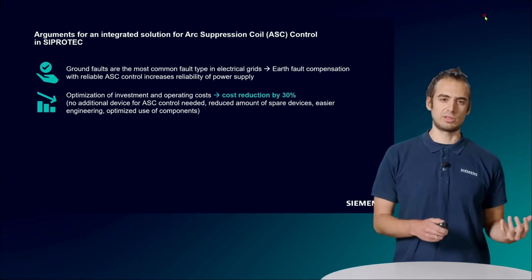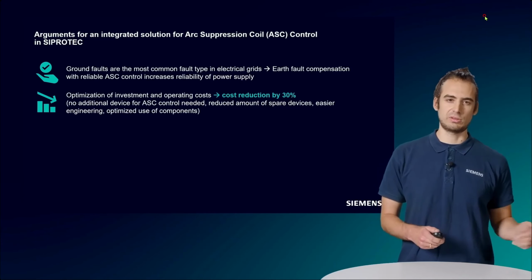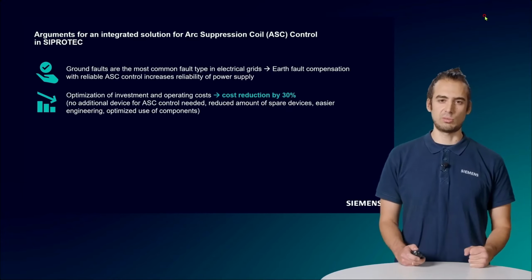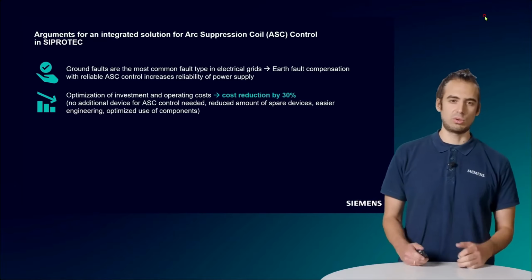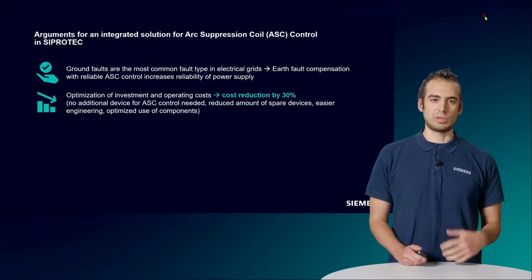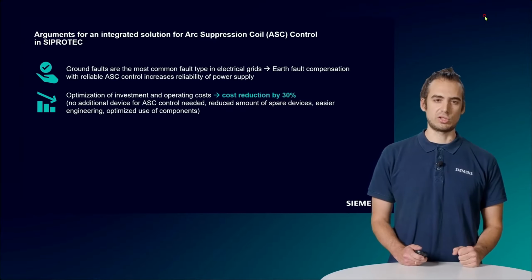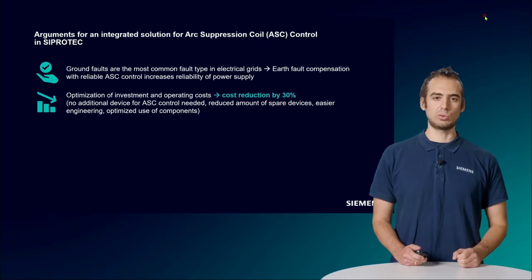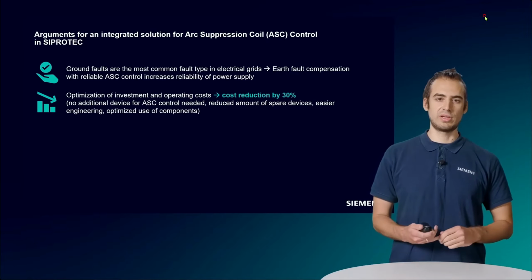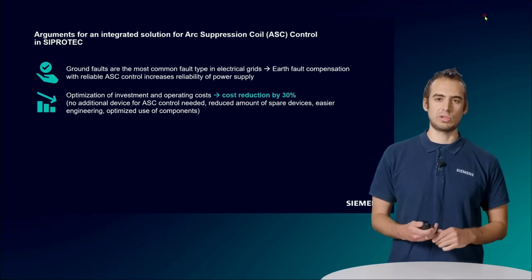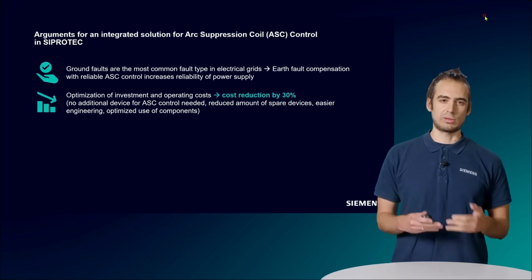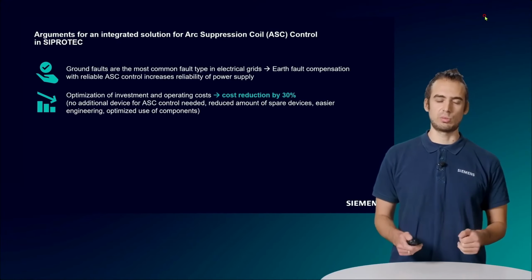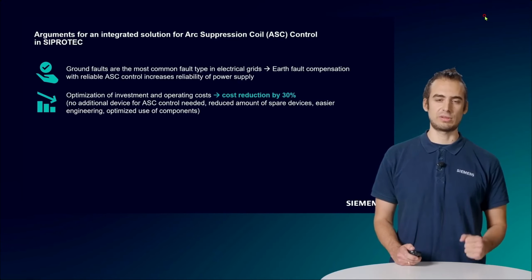We do not need separate control devices as spare devices anymore. Also, our engineering gets easier because we now only need one software, so we can also reduce the cost for engineering. And also we have a reduced amount of additional components. We have less wiring to do, and we also need fewer periphery components for a separate control device.